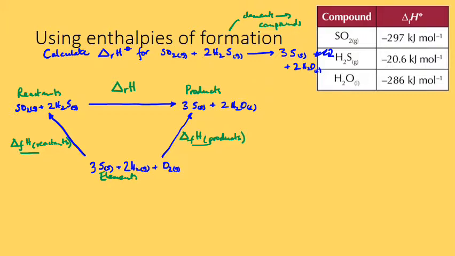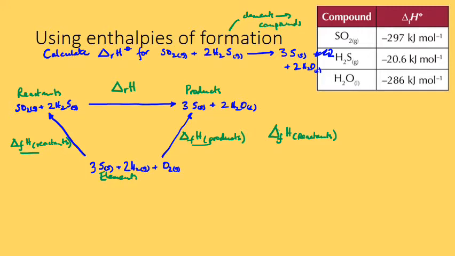Okay, so let's start at the start. Let's work out the enthalpy change of formation of the reactants. So let's do that in green still, shall we? So we've got the enthalpy change of formation of the reactants. That's what we're going to do first.